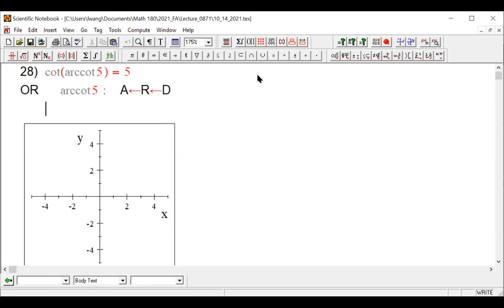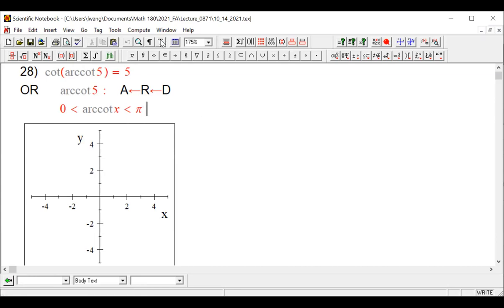When I talk about this, I'm also preparing you for trig 8, okay? So ArcCotangent of no matter what the input is, because the domain of cotangent is negative infinity to positive infinity, right?